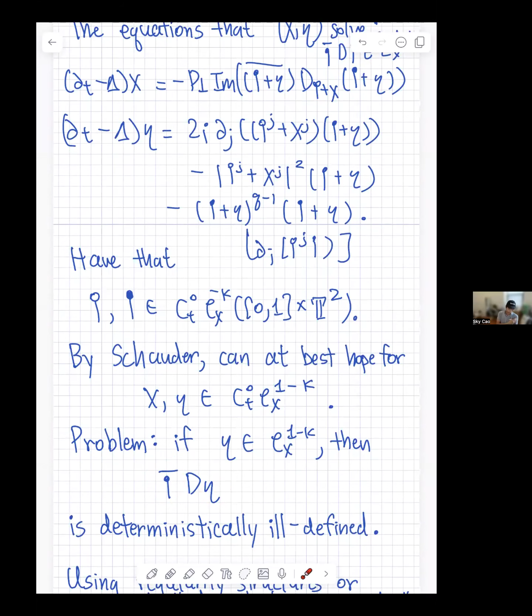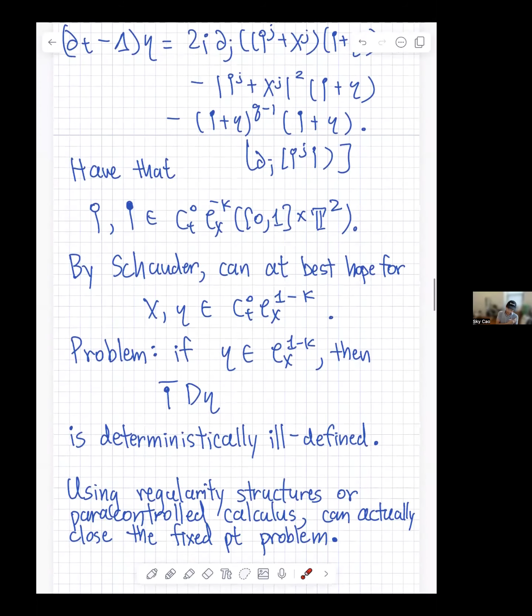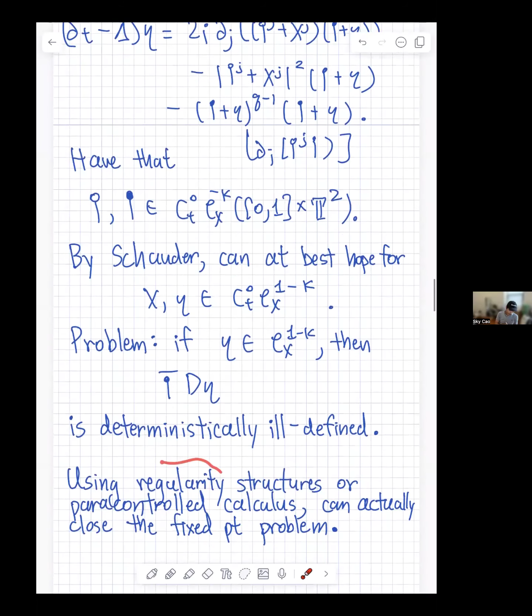You run into this problem. And then, to get around this, you have to either use regularity structures or paracontrolled calculus, or I guess the flow method, to actually be able to close your fixed point problem and do local theory. And in two sentences, I mean, this is not the point of this talk because we're going to be doing global theory, but I'll just say why you can get around the problem using these techniques.